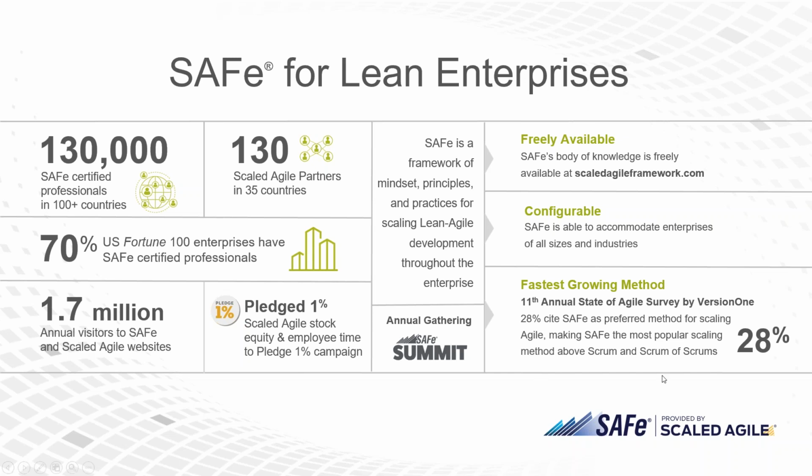Website traffic, that's pretty interesting, but the one I kind of like the best is this survey that was delivered by VersionOne says that 28% of those folks surveyed cite SAFe as the preferred method for scaling Agile across the organization. So that's close to a third of the people that have experience with Agile recognize SAFe.